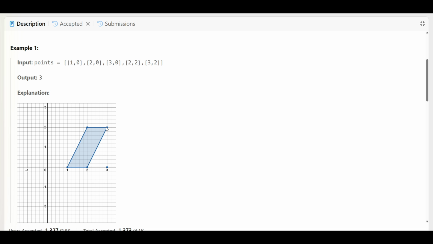Means you need to count all the unique trapezoids that can be formed from the points where both horizontal segments are on different y levels, right? So this level y is 0 and this level y is 2, so the y levels will be different, but both are horizontal segments. If you zoom out, as you can see, there are multiple trapezoids here.